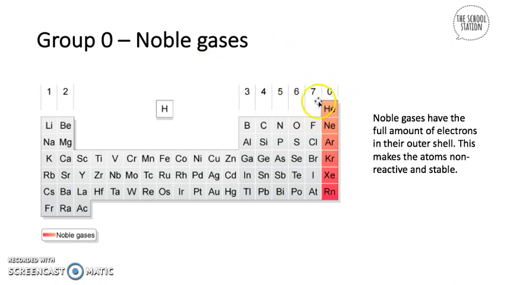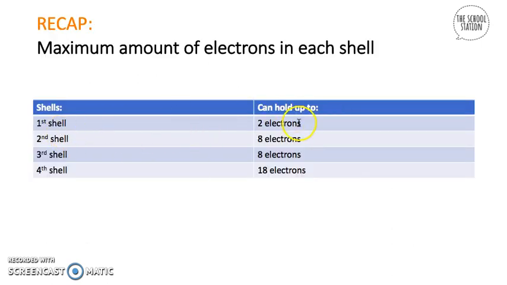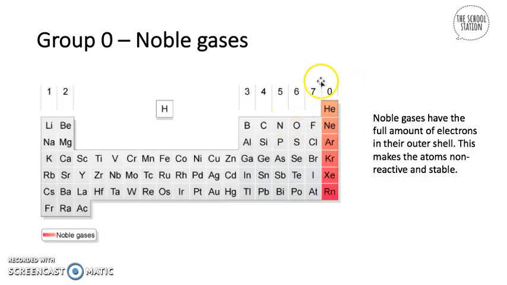Helium is the first element in the noble gases group. Helium has only 2 electrons, but this still makes it have the full amount of electrons in the outer shell, because the first shell can only hold up to 2 electrons, so it has already filled up its limit. So therefore, helium has the full amount of electrons in the outer shell, which is the first shell.